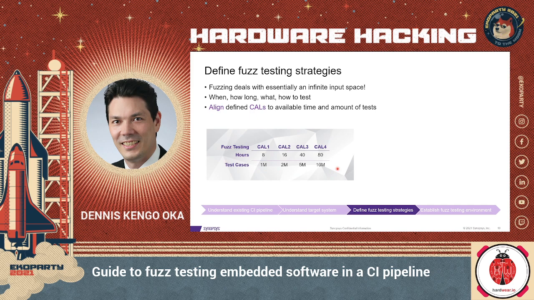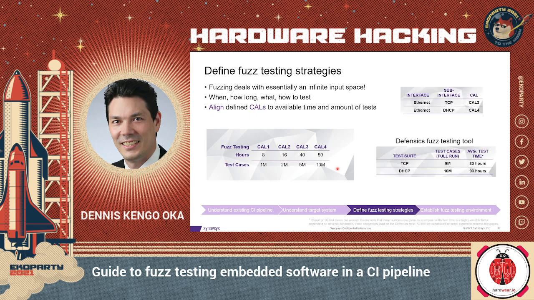But let's take an example from the previous slide where we had interface Ethernet, subinterface TCP, and DHCP. TCP we had assigned CAL 3, which means that we should do 40 hours of testing or 5 million test cases. And DHCP we had assigned CAL 4, which means that we should do 80 hours of testing or 10 million test cases.